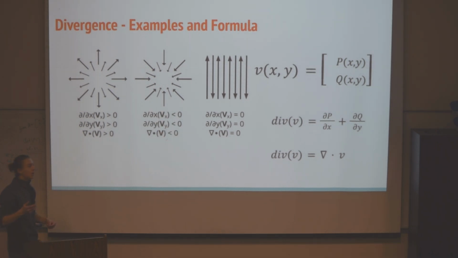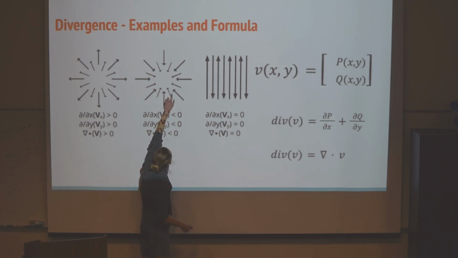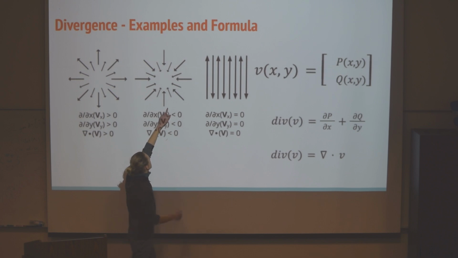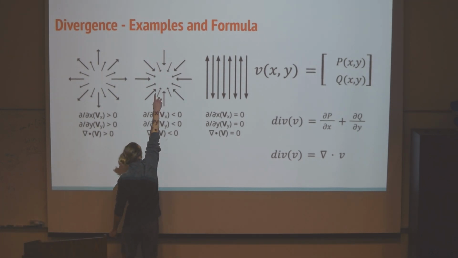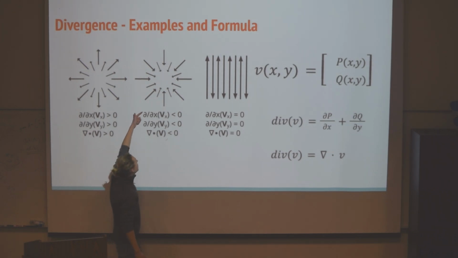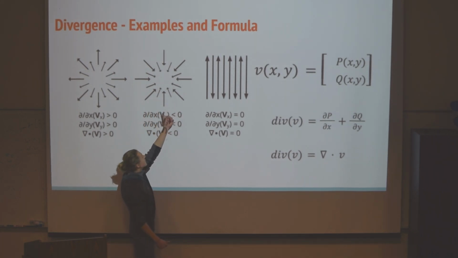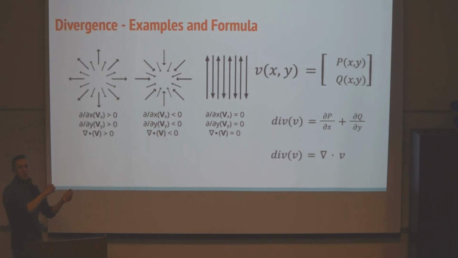Initially my x component is pointing to the right. Now if I move my x to the right, all of a sudden the x components of my vectors are pointing to the left.